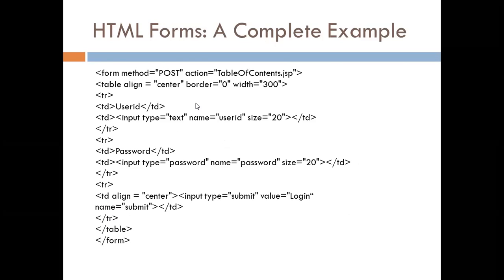So a complete example of an HTML form is like this. Form method is post, action.jsp, table align center, border is 0, width is 0. Whenever an HTML form is displayed, for example the OTP one we saw, the elements are arranged in rows and columns.